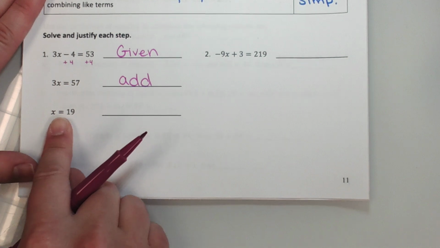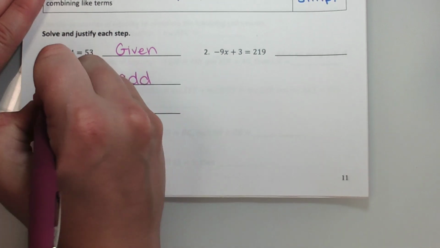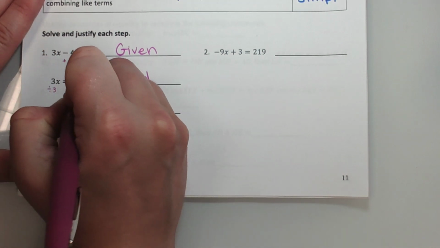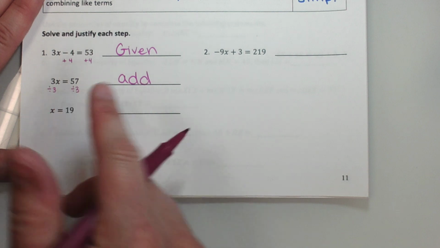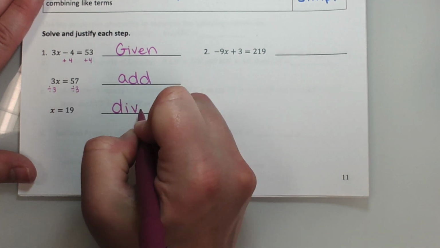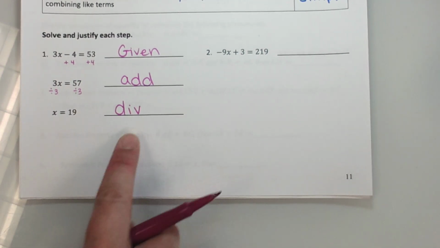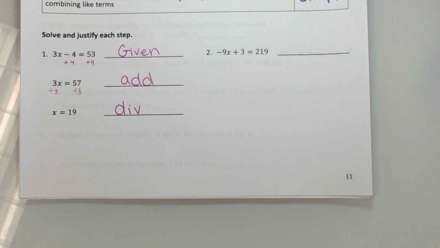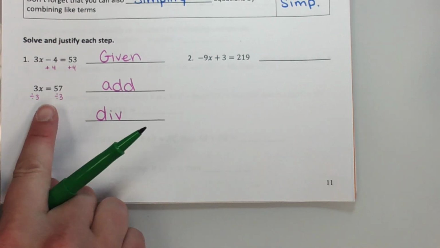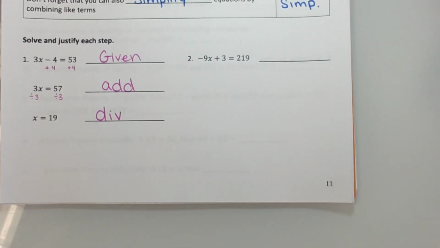To get from here to here, what did we have to do? You divided by 3. Again, you don't have to write this. You have to write the x equals 19 and that you divided, or div. Okay. That one gives you the structure. This one talks about what we did.